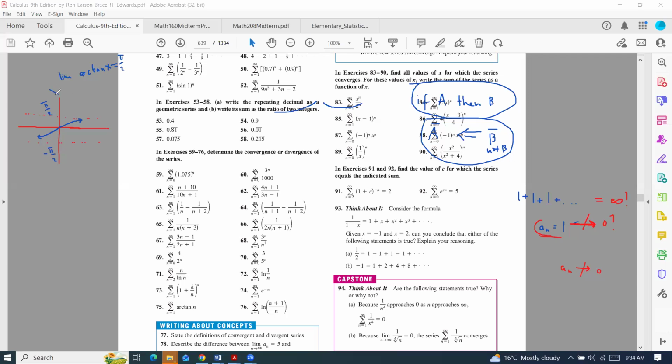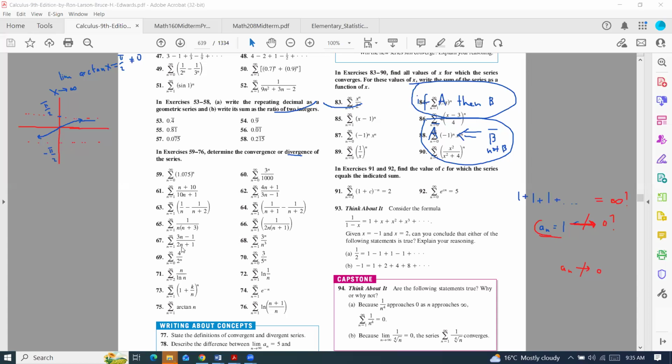How do you know that? From the graph. If you keep going along the horizontal asymptote, you will approach pi over 2. So it is not 0. The whole point is that it needs to be 0 for the series to be convergent. Otherwise, it's divergent. Just like that.